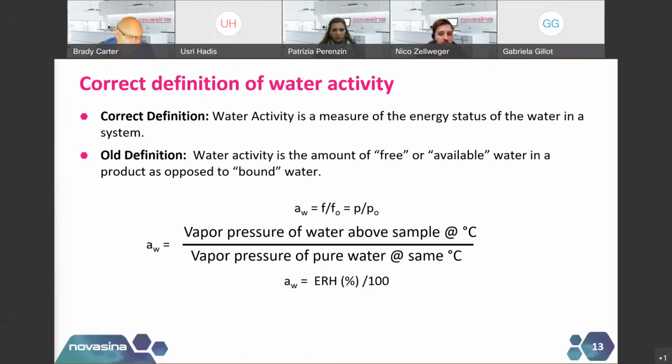So water molecules in and of themselves contain a certain amount of chemical potential energy based upon the interaction that's happening between the two hydrogens and the oxygen.